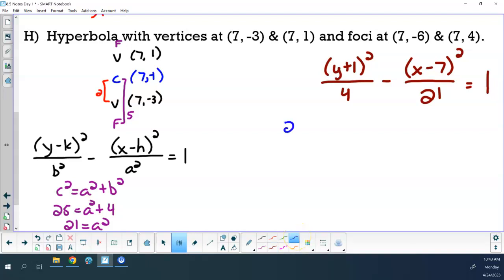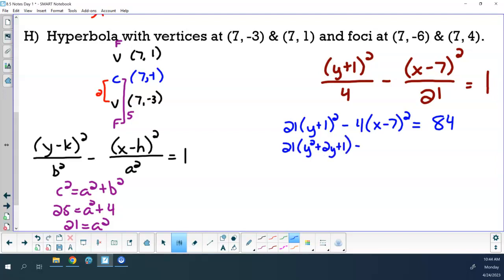So we have 21 times y plus 1 quantity squared minus 4 times x minus 7 quantity squared equaling 84. And then we have that.